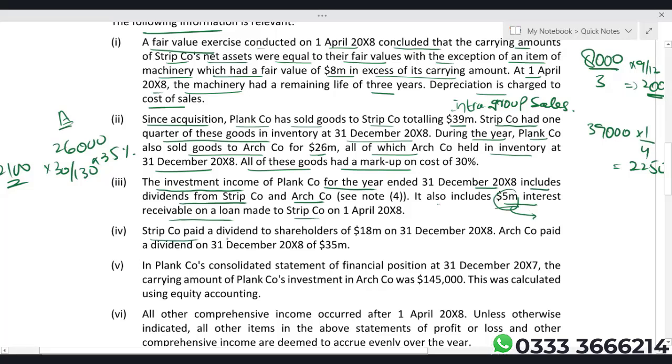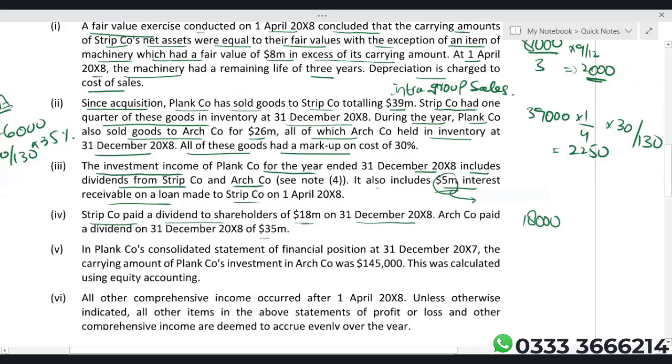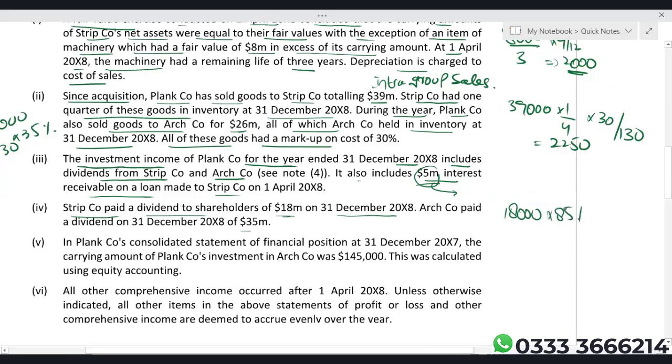The strip company paid a dividend to the shareholders, 18 million, December X8. Our company dividend is 35 million. Of course, the entire 18 million does not belong to the parent. 18,000 multiplied by 85% belongs to the parent.